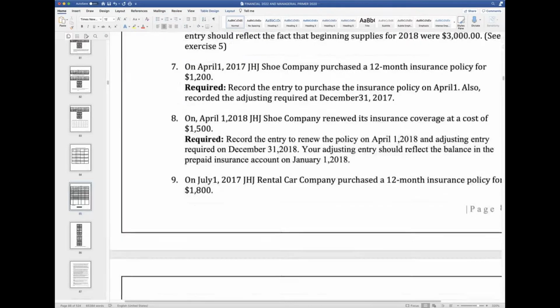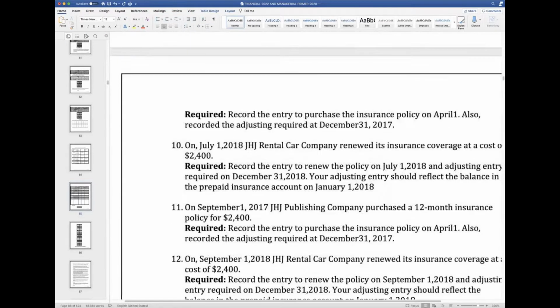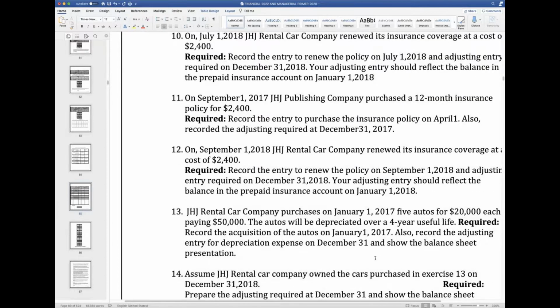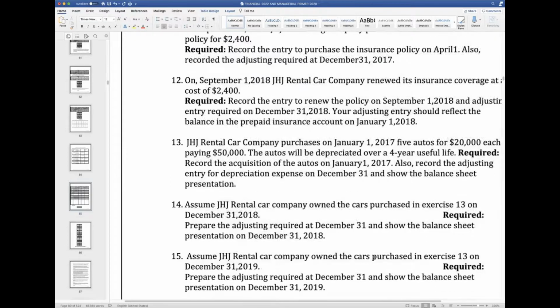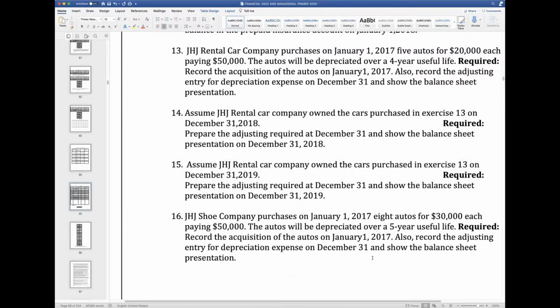All right, let's go to yours now. Let's do number 13. So what's involved in 13? That's your actual one, 13 and 14.